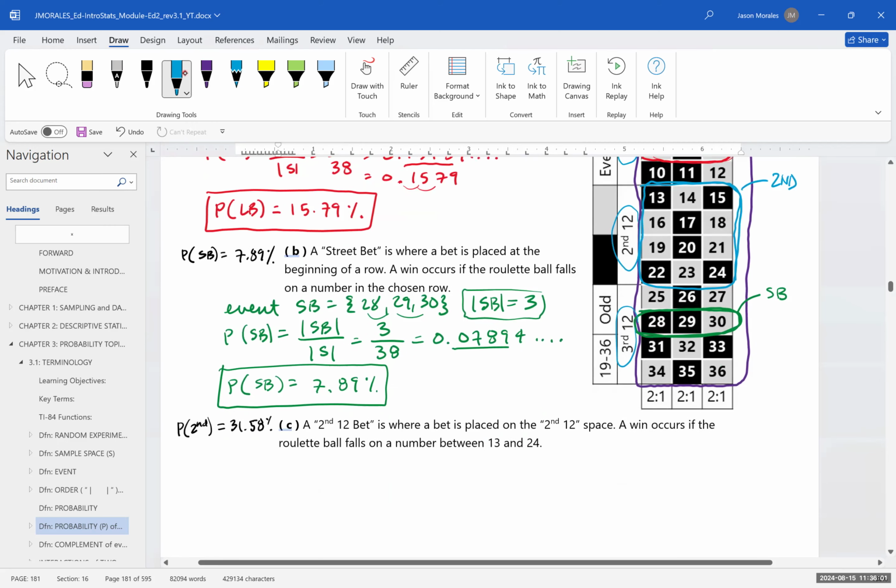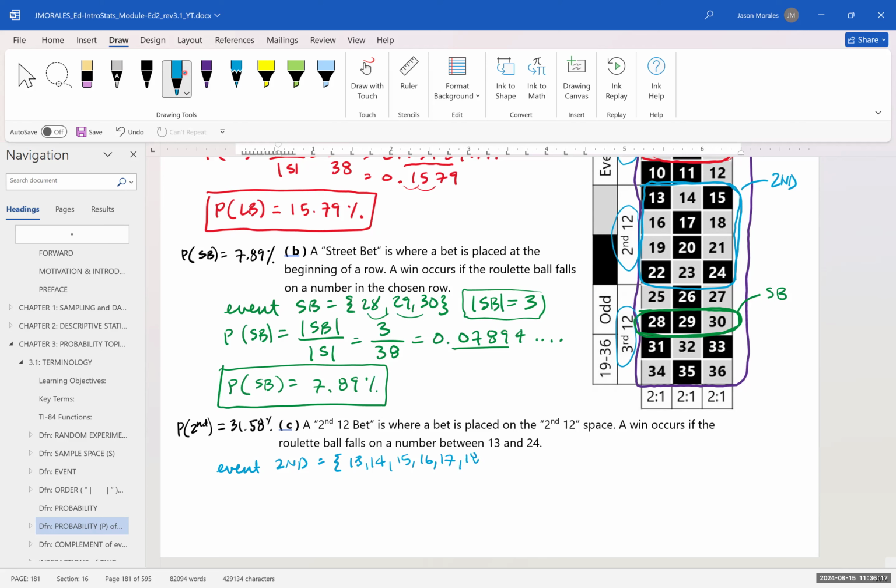So our event second is going to be 13 through 24: 13, 14, 15, 16, 17, 18, 19, 20, 21, 22, 23, and 24.